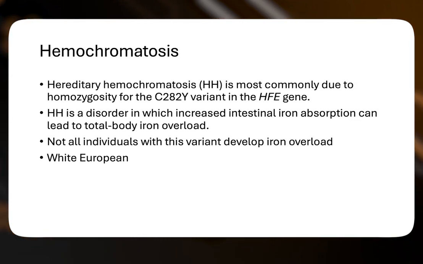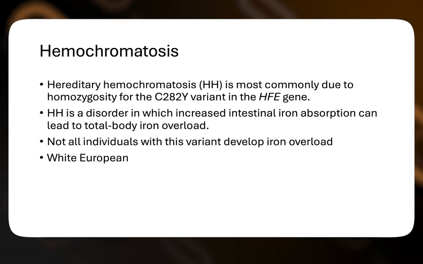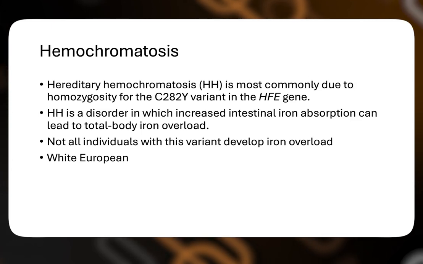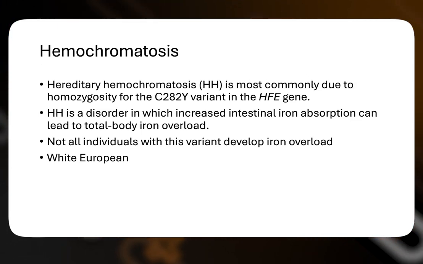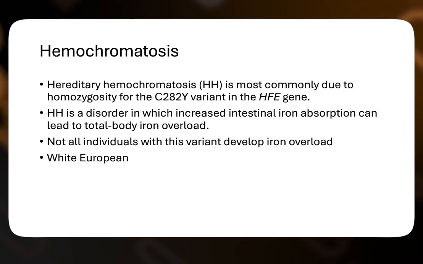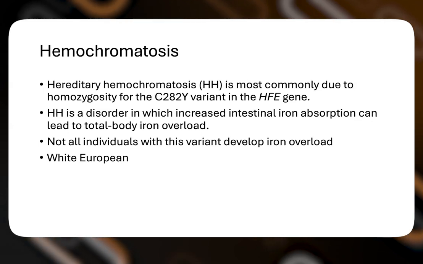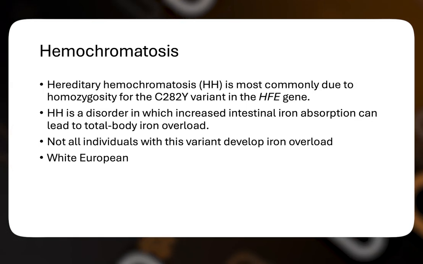This mutation causes, of course, increased intestinal iron absorption and leads to total body iron overload, which gets deposited into the various organs. Virtually every organ has iron deposition. And as I mentioned, not all individuals with this variant develop iron overload. Mostly white Europeans commonly have hemochromatosis.